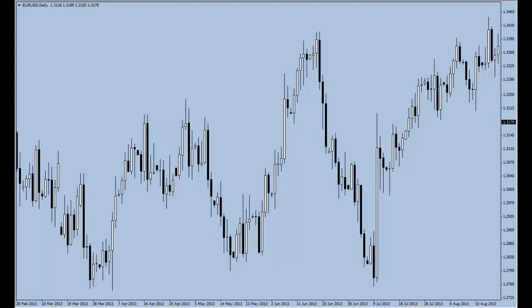So the concepts that we're going to employ and go over in this example are going to be beneficial to you going forward, because it's the same type of thing you do over and over and over again, just on your own particular pair, or it could be a stock or a commodity, whatever vehicle or asset class you find yourself a trader in.